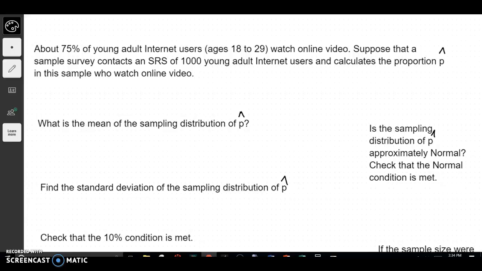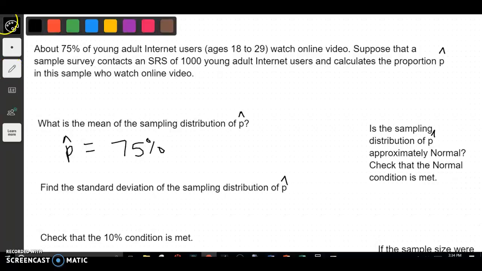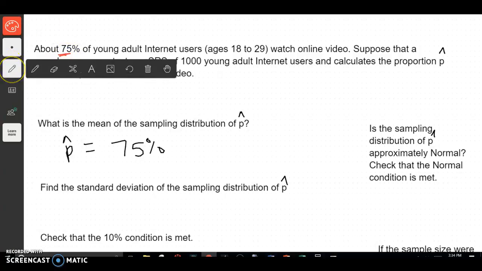What's the mean? Well, the mean should be 75%, unless we got some really biased survey, but the hope would be we wouldn't. So our p hat should essentially be the same as the actual population proportion that we would know. So this is the actual, and that should be about the same.